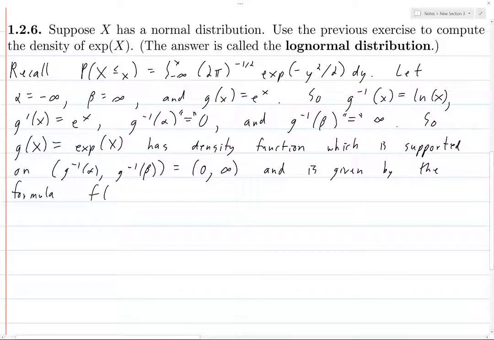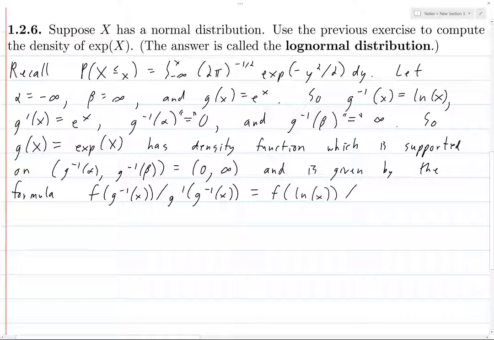Now, this was mentioned in the previous exercise, but it looks like this: f of g inverse of x over g prime of g inverse of x. So this is going to be f of the natural log of x over e to the power of the natural log of x.